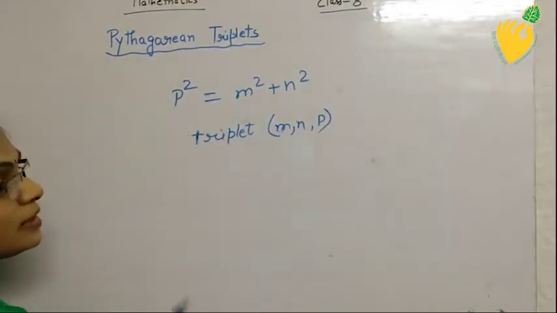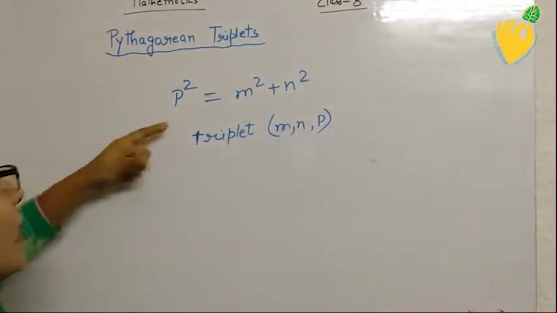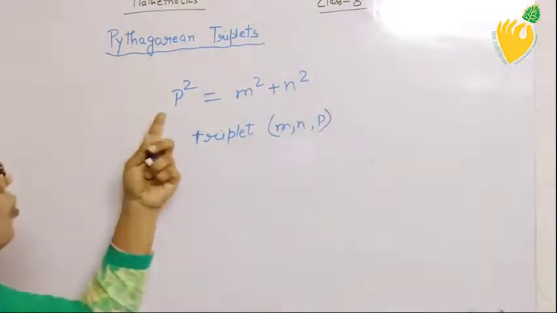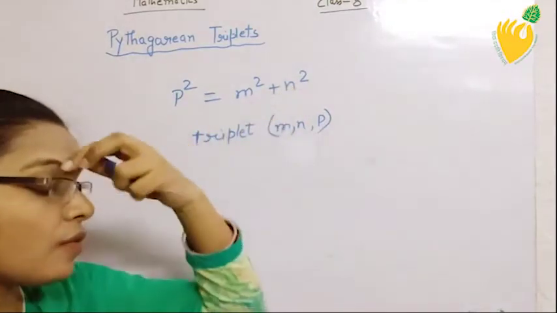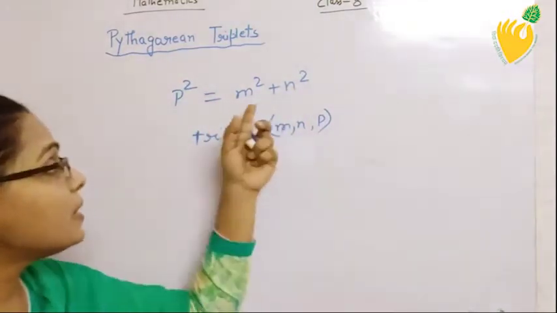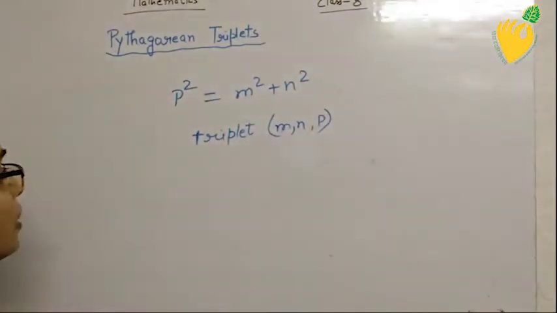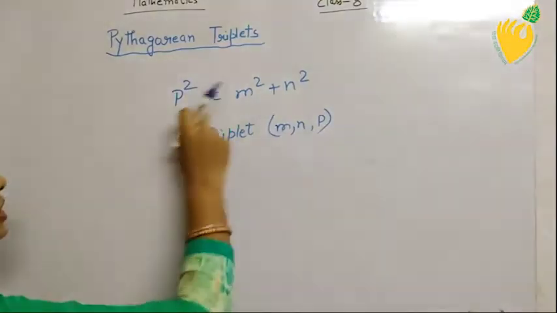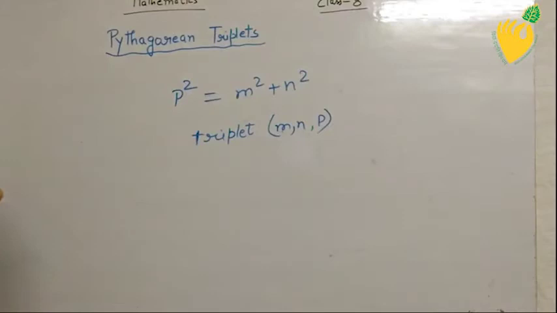It is the same, students, as we have already read in the Pythagoras theorem, that the square of the longest side, that is the hypotenuse, is equal to the sum of the squares of the other two sides, that is base square and perpendicular square. Similarly here, the square of the biggest number is equal to the sum of the squares of the other two numbers.